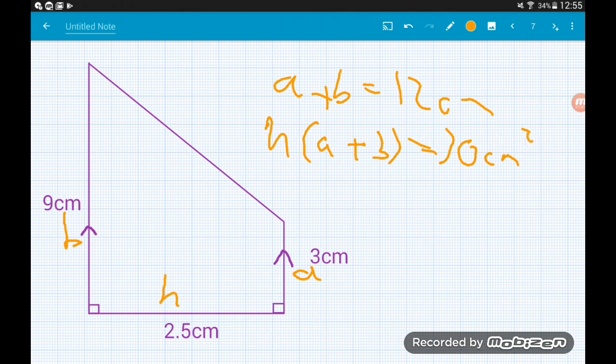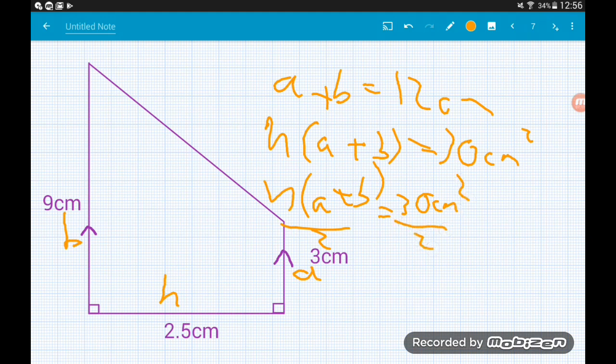So then the area of our trapezium, height times A plus B, all divided by 2, is 30 centimetres squared divided by 2, which gives us 15 centimetres squared. Jobs are good. Okay guys, that's how we find the area of a trapezium. Hope it's helped.